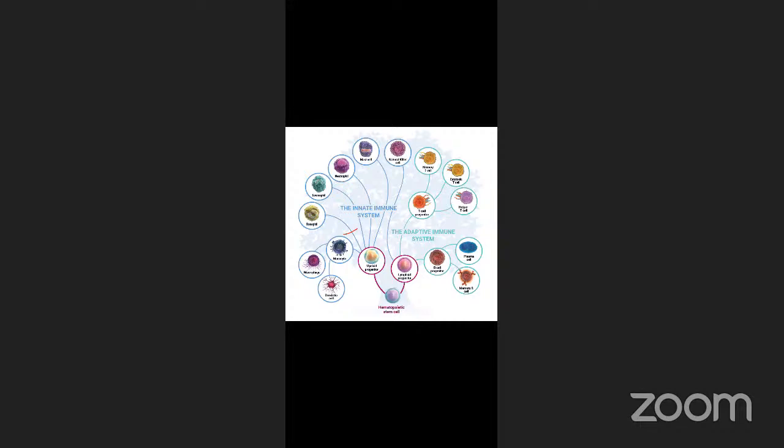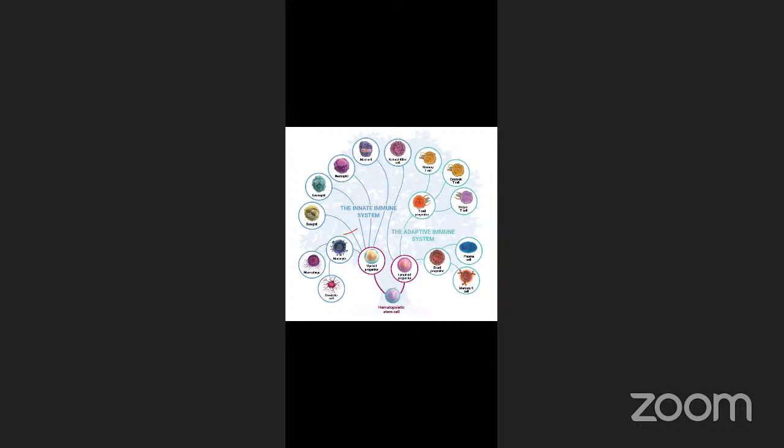For example, lymph nodes are secondary lymphoid organs where activation of the lymphoid cells takes place. The fight between the antigen and immune lymphoid cells takes place in these organs, not primary organs.